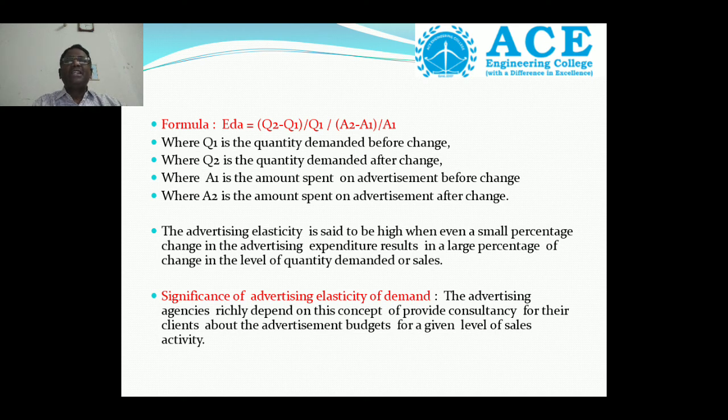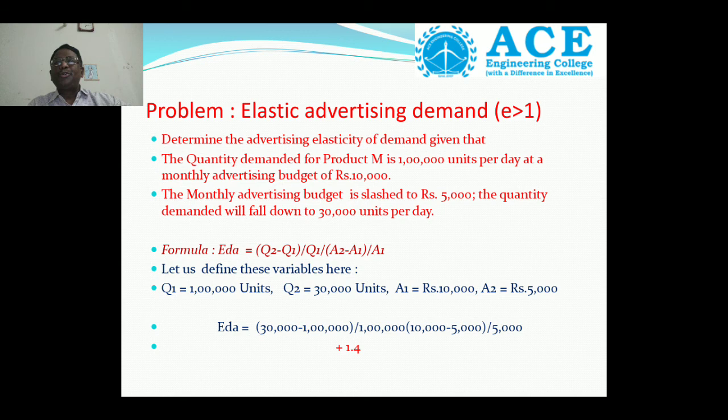Then what is the significance of advertising elasticity of demand? The significance is for clients, regarding advertisement budgets for a given level of sales activity. Then you should know the problems. What is the problem? Price elasticity we discussed, income elasticity we discussed, cross elasticity, then we discussed the advertising elasticity problem. So here also two variables are given.